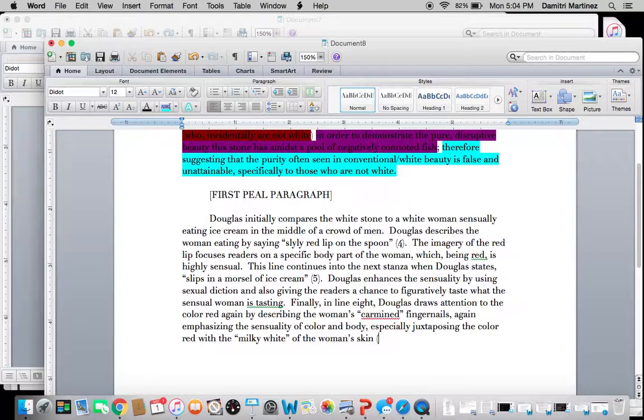I use the word milky white. I need to cite that. That's in line 6. Okay, so there's my last piece of analysis.